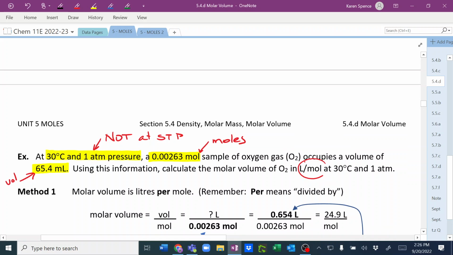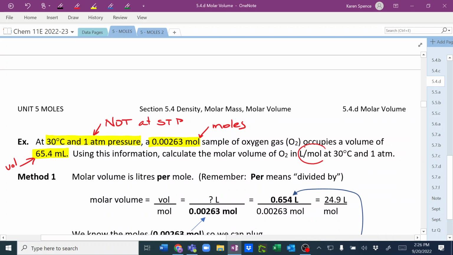I need to plug in my volume on the top and my moles on the bottom. My volume is, well, I'm not given liters, but you know how to convert from milliliters to liters. How many places do you move the decimal? 3. So 65.4 becomes 0.0654.